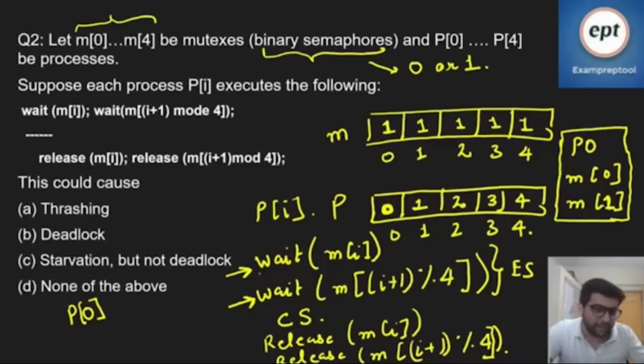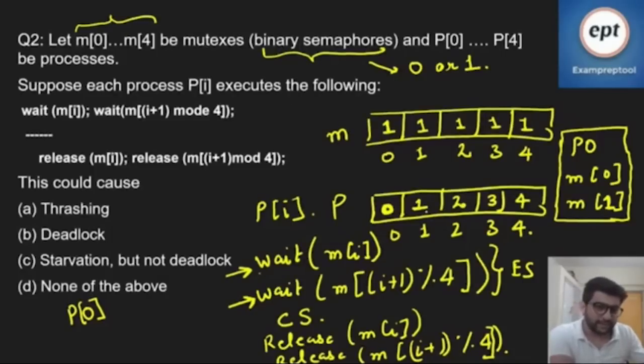We know that the M1 mutex is already locked by the process P1. So the process P0 is waiting for some resource to be released by the process P1.